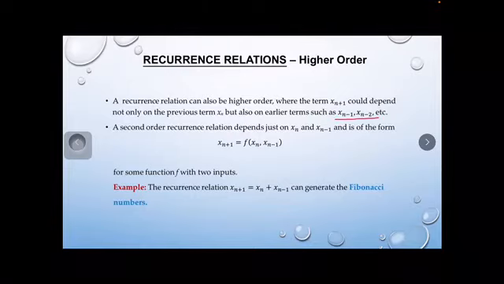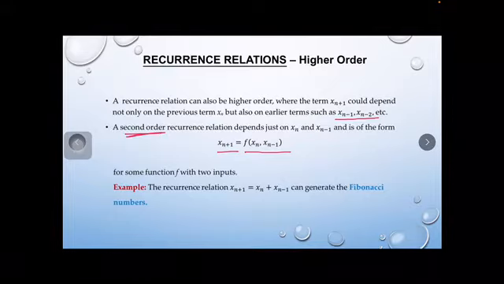So if our recurrence relation is like that, xn plus 1 depends on the two previous terms xn and xn minus 1, we can say that the order of this recurrence relation is 2. This is a second order recurrence relation.